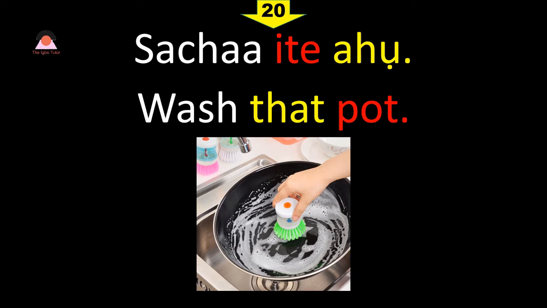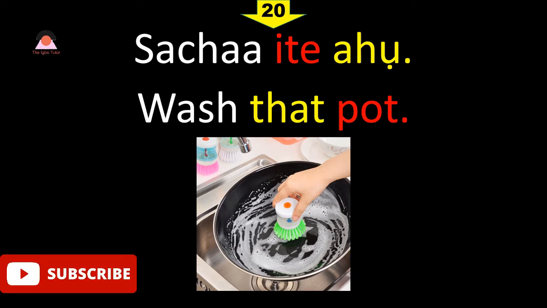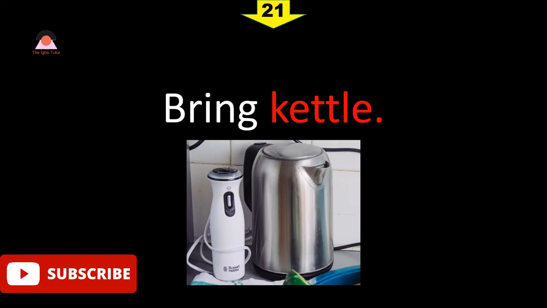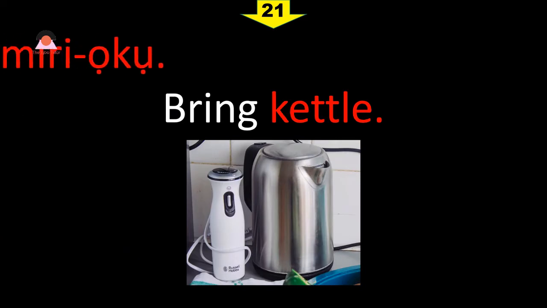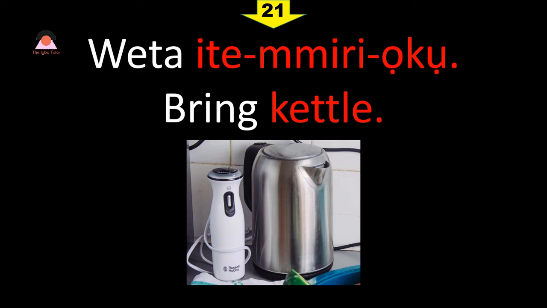Pot meaning ite in Igbo language. Sachaa ite ahụ. Bring kettle. Weta ite mmiri ọkụ. Another compound word. Ite mmiri ọkụ meaning kettle in Igbo. Weta ite mmiri ọkụ. Bring kettle.